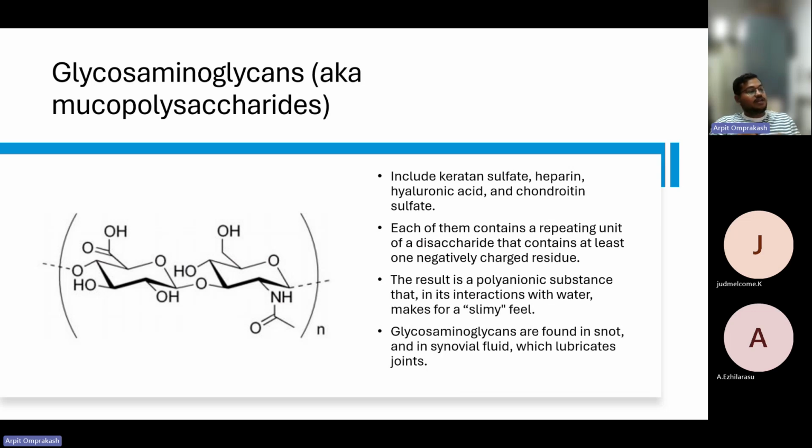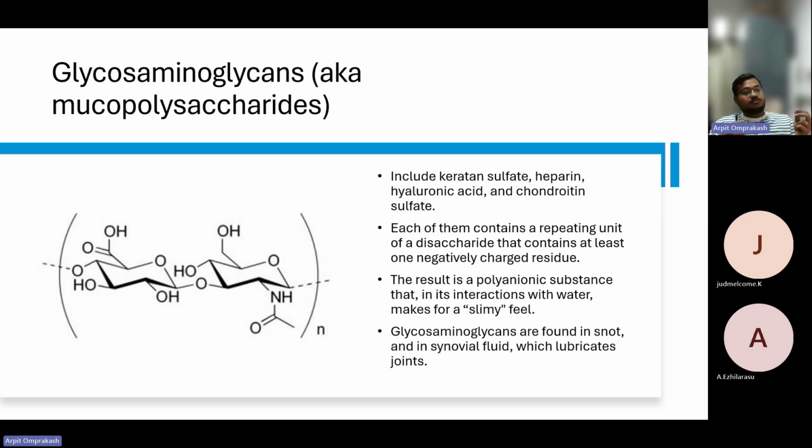So we have a negatively charged residue in these disaccharides, which results in a structured polymer with a lot of anions, and therefore it has more interactions with water. It is more hydrophilic.